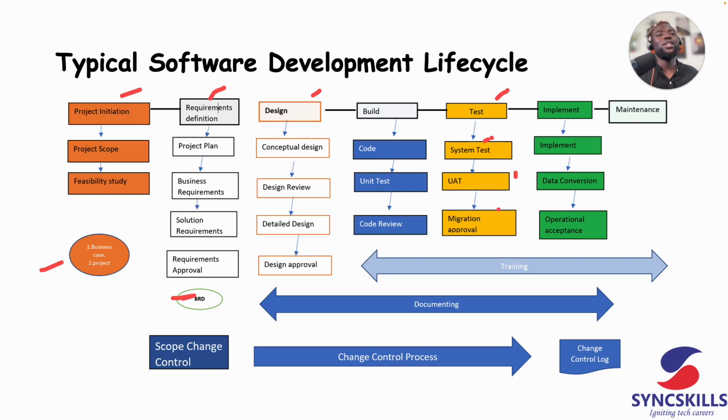And if, for example, your solution involves moving some data from one system to another, then you need migration as well. So if a bank is replacing maybe their legacy system, a system that is out of date, and they are building a new one, because they already have customers on the legacy system, that is the system they're trying to replace, they need to be able to move those data, the customer data, to the new system when it is fully developed and ready to go live.